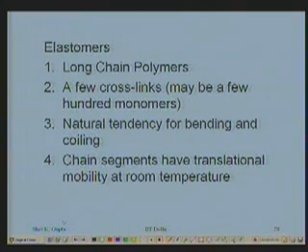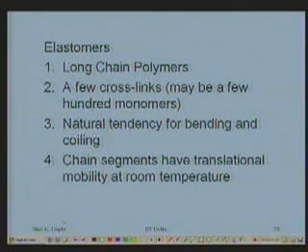However, in the chain there should be a few cross links, and these cross links are at a distance of a few hundred monomers. It's not very close. If I do that at every monomer, it's a network polymer, it is no more a long chain polymer. And that network polymer would never behave like an elastomer.